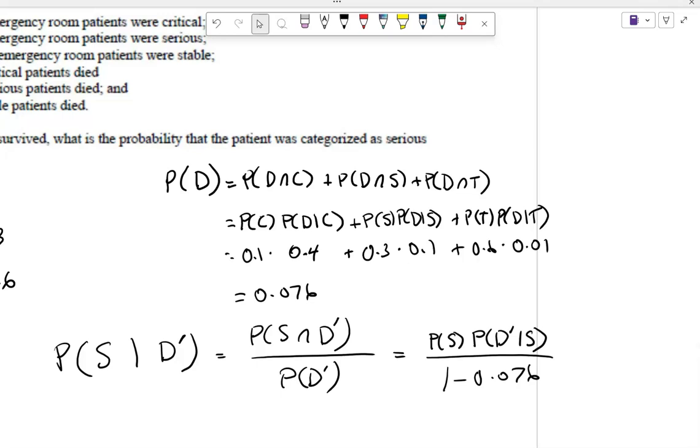But flipping it around allows me to calculate it. Serious was 0.3. We know the probability that you died given serious was 0.1, so the probability that you didn't die given that you were serious is 0.9. And then this is over 0.924. And then you can do your calculation.